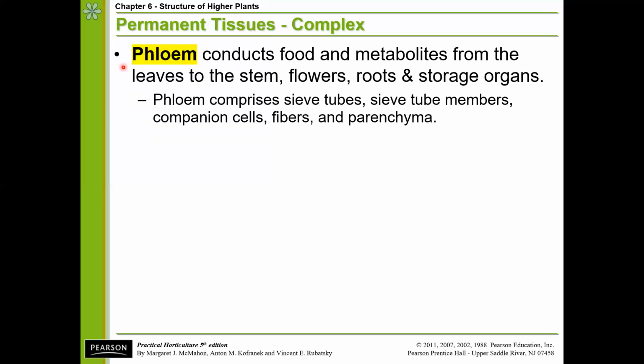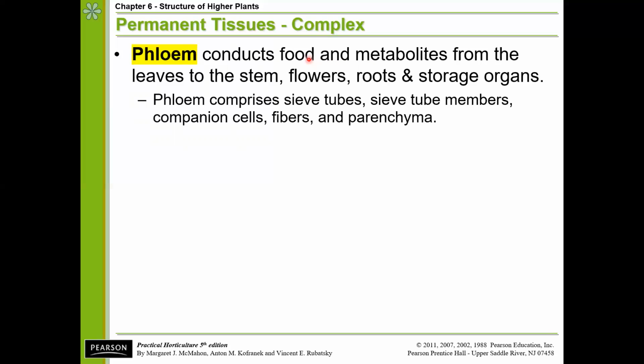Phloem, on the other hand, is food, but in this case, it's food that serves as the metabolites created through photosynthesis in the leaves, and it's moving it both upward and downward through the stem to anything that needs those sugars, which is really all of the other parts of the plant.